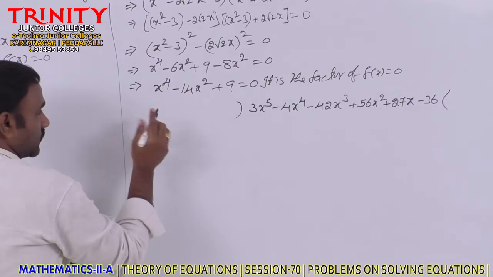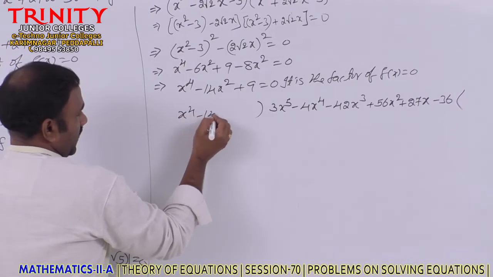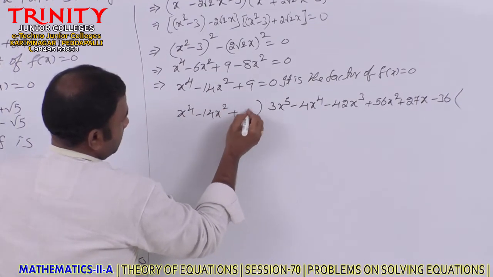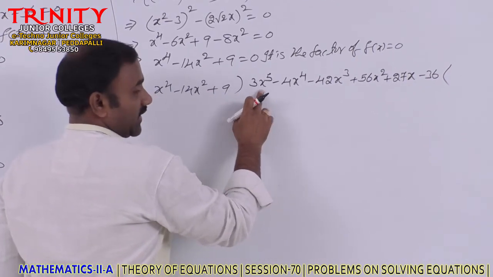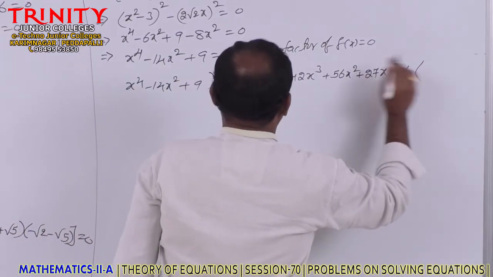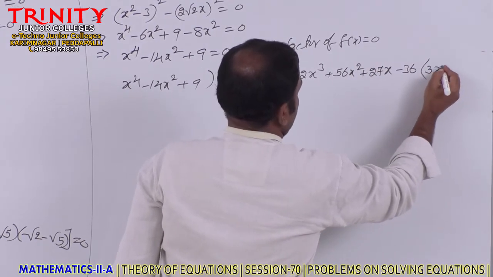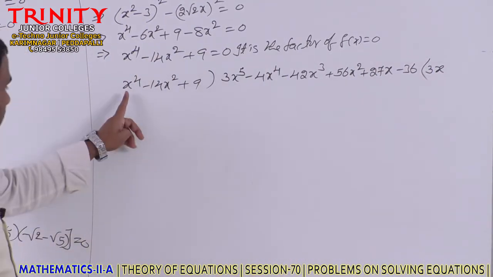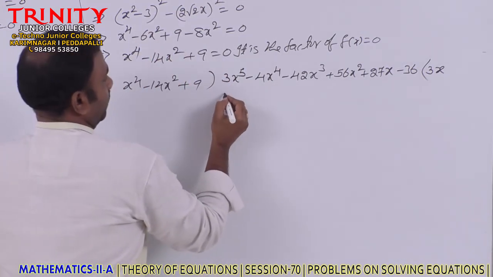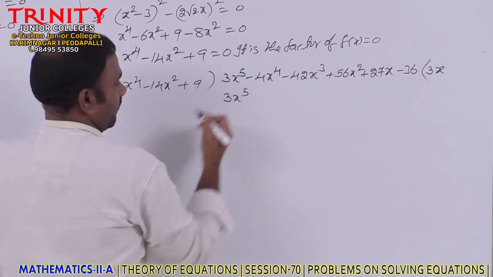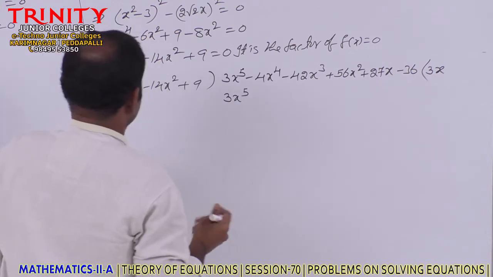We have to divide with this one, x power 4 minus 14x square plus 9. x power 4, this is x power 5. Therefore, we have to multiply with 3x. x power 4 into 3x, then it becomes 3x power 5.